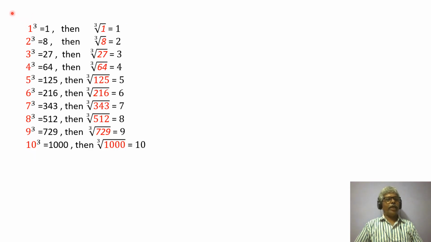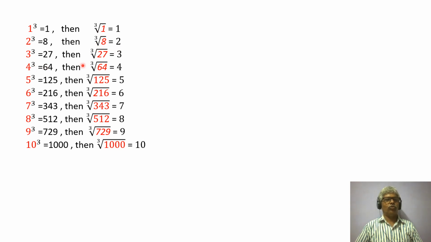So we extend our table of cubes here to find the cube root. This is a relation between these two. One cube is 1, then cube root of 1 is 1. Two cube is 8, then cube root of 8 is 2.